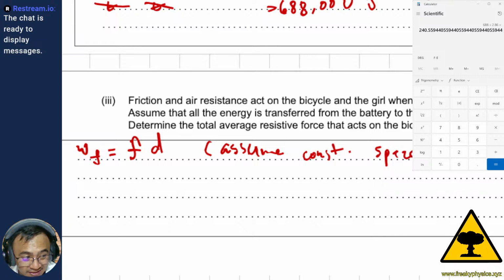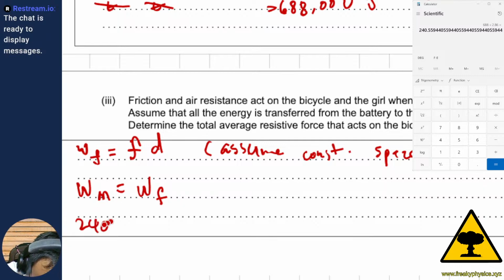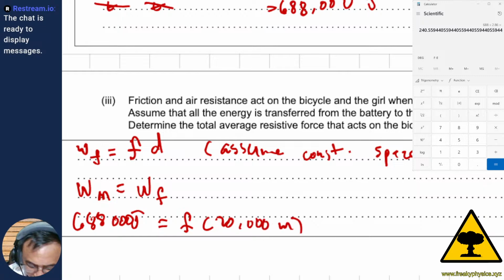It means that the work done by the motor should be equal to the work done by friction. Let's not use the watts. Let's use the 688. So 688,000 joules should be equal to the frictional force times 20,000 meters.